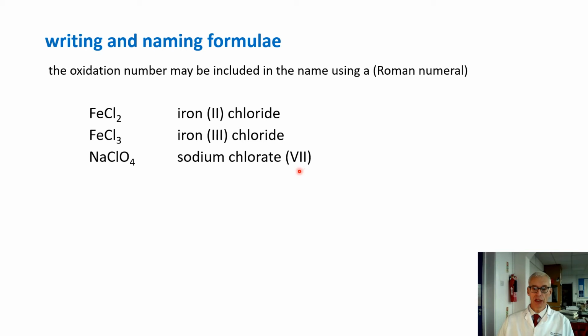We don't need to do so for sodium because sodium is always plus 1. Oxygen is intimated by the ATE ending, but it's always minus 2. So the only oxidation number that we need to specify in the name sodium chlorate is the oxidation number of chlorine, so sodium chlorate 7.